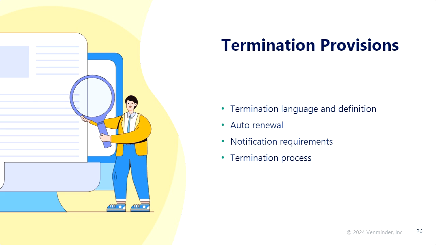How does it happen? Are there specific expectations as to what it takes to actually terminate the contract? What happens after it is terminated? What happens with the data? There's all kinds of things that need to be considered in that termination process. So this is a very complicated part of the contract that needs the appropriate attention placed on the provision.